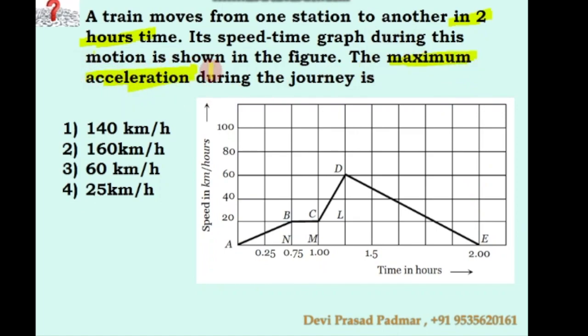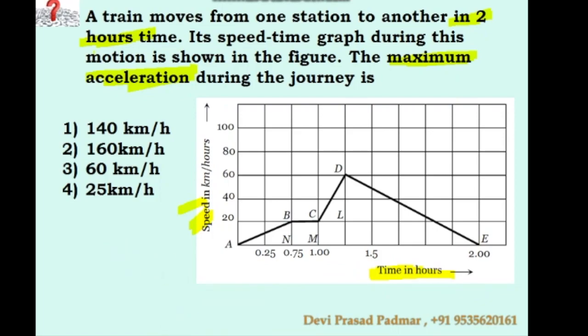You need to calculate maximum acceleration. So how to calculate maximum acceleration? It is a VT graph, so speed and time are given. If you want to calculate acceleration, you need to calculate the slope, right?